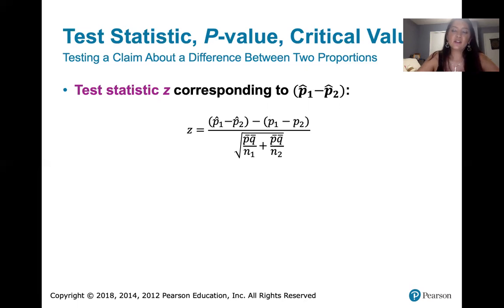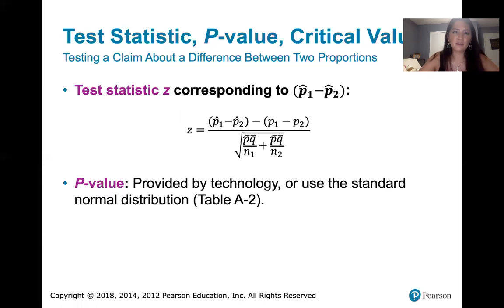That assumption affects this value of p1 minus p2 up here, and it also affects the formula for the standard deviation that we're using in the denominator. Since we're assuming that p1 and p2 are equal to each other, p bar and q bar are being used in our estimated standard deviation in the denominator. Okay, so you find the test statistic using that formula.